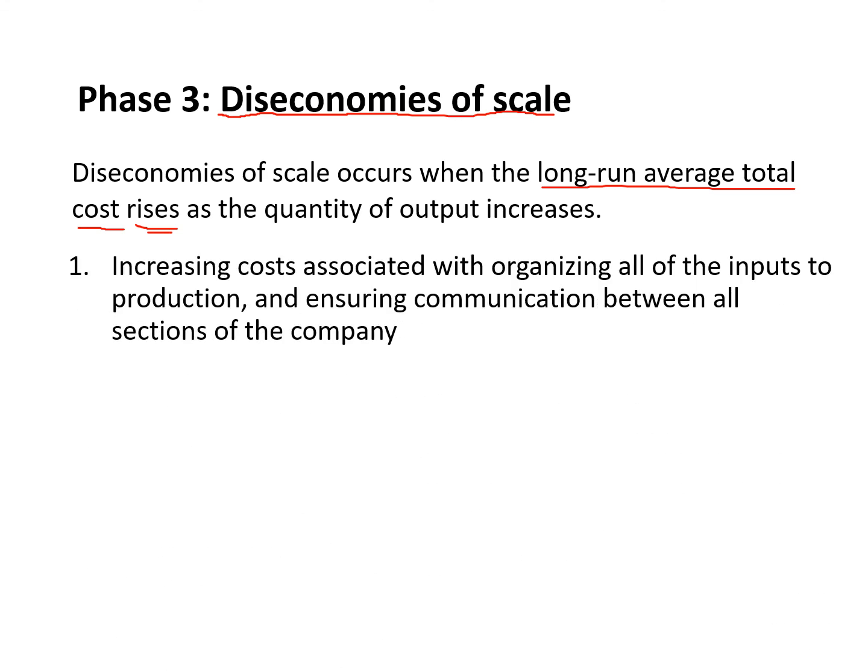Some of the reasons for that can be the increasing costs of organizing all of the inputs. With larger scale comes larger complexity, and it might, for example, need extra layers of management, also to ensure communication between all the sections of the company.